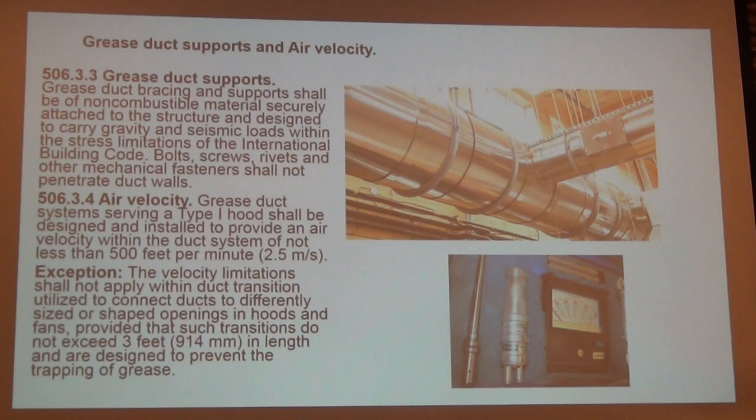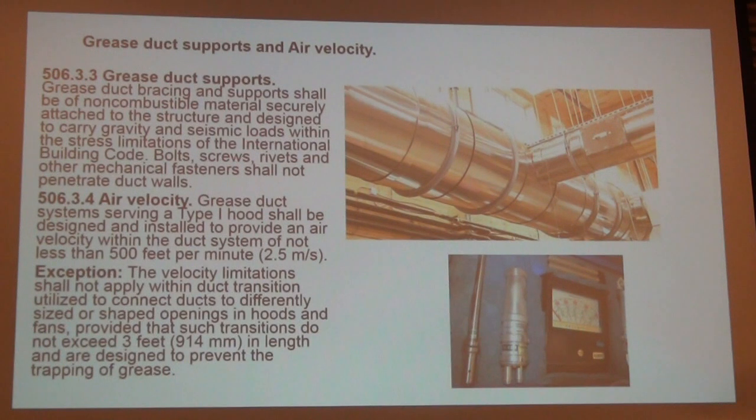Now, in a grease duct you have to deal with supports. The code says that the ductwork has to be properly supported. And plus, the criteria is not only for the weight of the ductwork, but the weight of the grease. And if it's larger ducts where people can go through it, also the weight of the person has to be calculated.